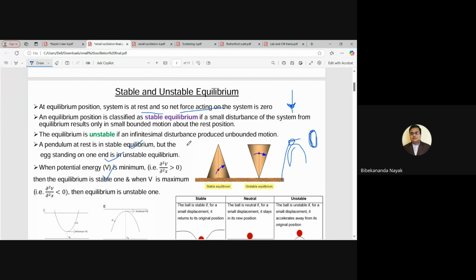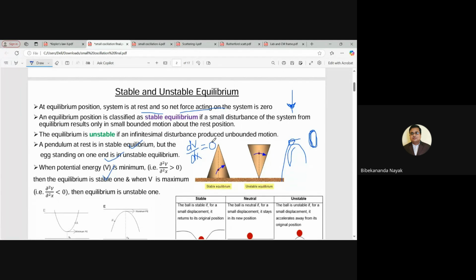For potential energy V, equilibrium means force is zero. Force is the negative gradient of potential. So negative of dV by dx equal to 0 means dV by dx is equal to 0. So equilibrium point means we are considering dV by dx equal to 0. First we check whether it is an equilibrium point or not.